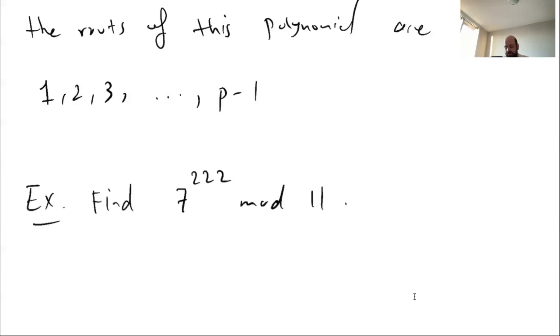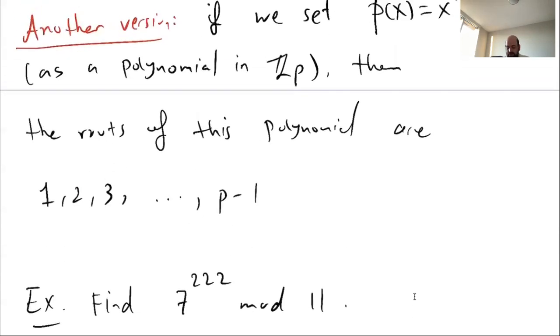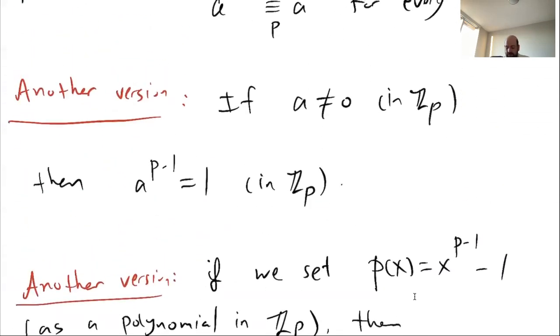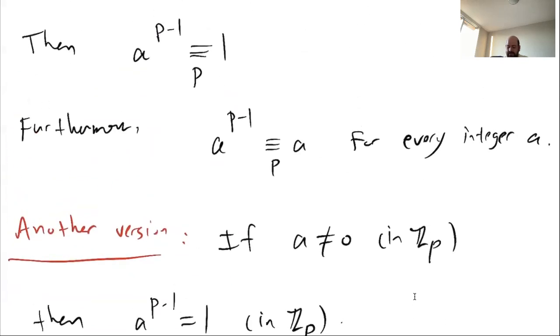If you want to find this number, we can use Fermat's little theorem. Fermat's little theorem says a to the power p minus 1 is always equal to 1 mod p, which means a to the power p minus 1 is congruent to 1 mod p.